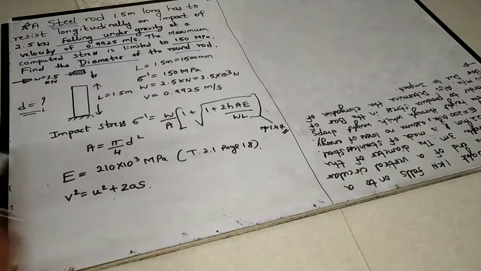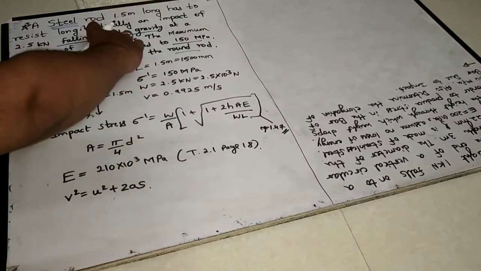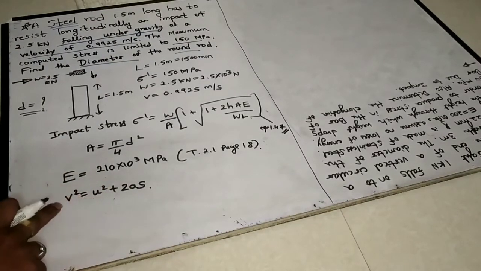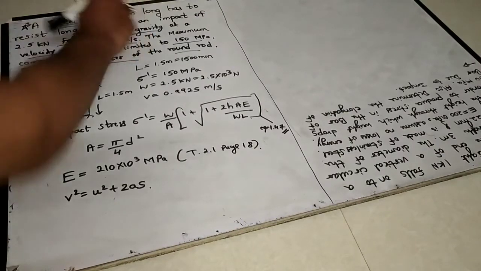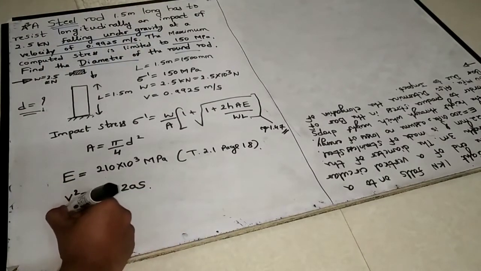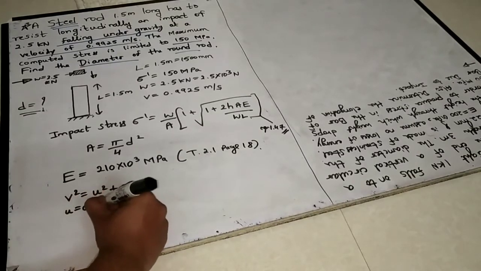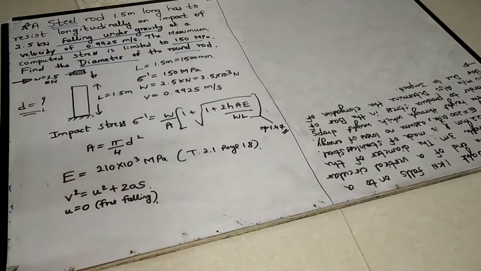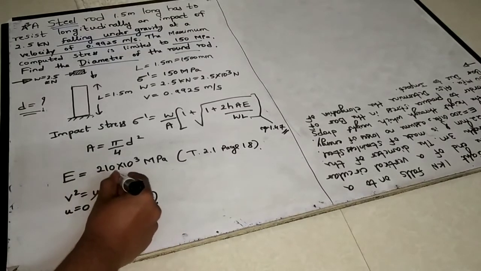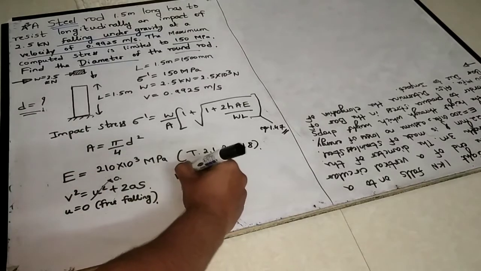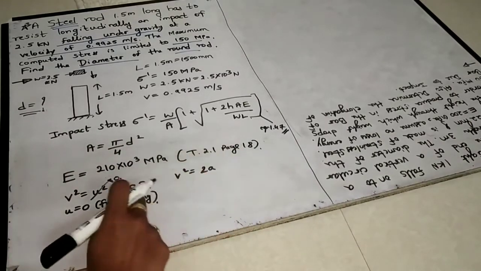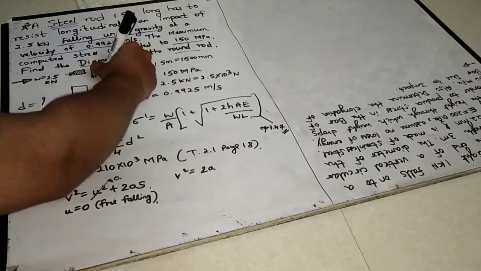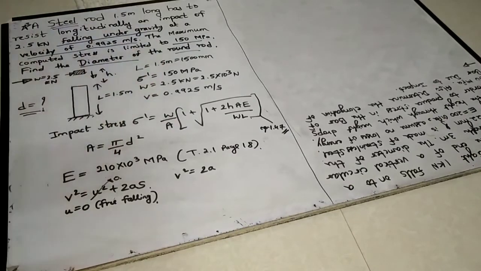Alright? S is this distance, A is acceleration due to gravity, U is initial velocity, V is final velocity. Falling under gravity means U is equal to 0 because free falling. Right? Now this term will automatically become 0. So what is left is V square is equal to 2AS. S means distance, so here it is height h.